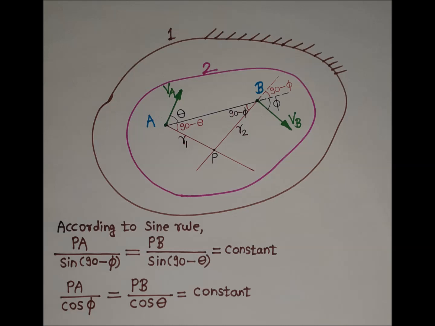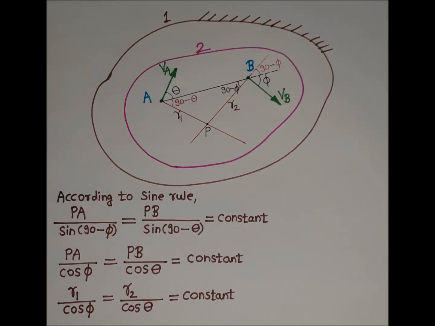So we get the relation PA upon cos phi is equal to PB upon cos theta, which is equal to a constant. So we get R1 upon cos phi is equal to R2 upon cos theta, which is equal to a constant, because PA is equal to R1 and PB is equal to R2.